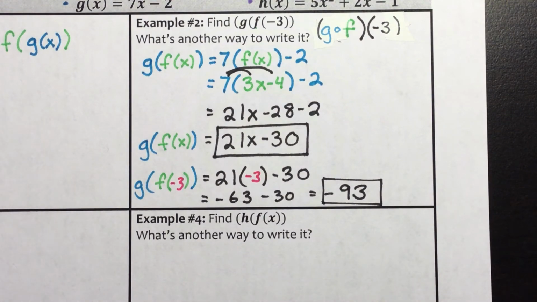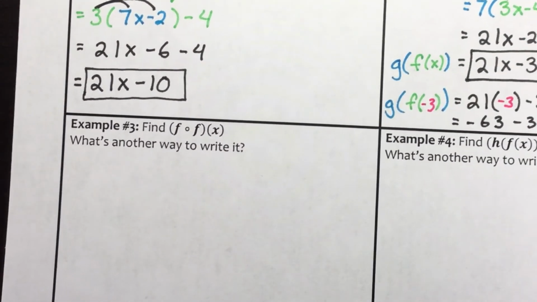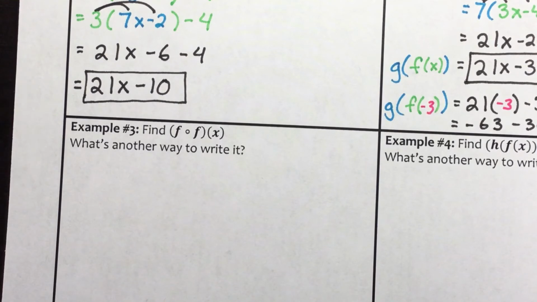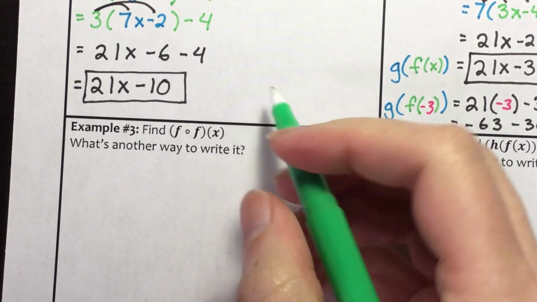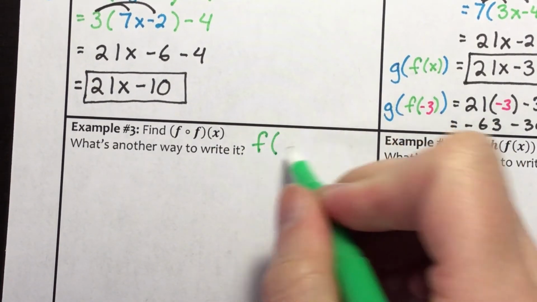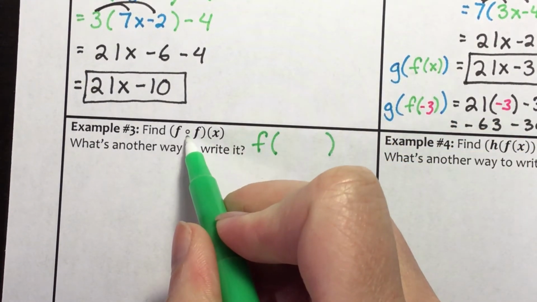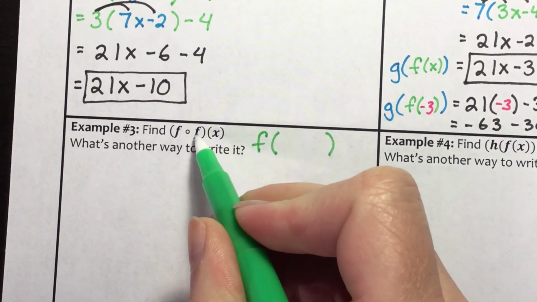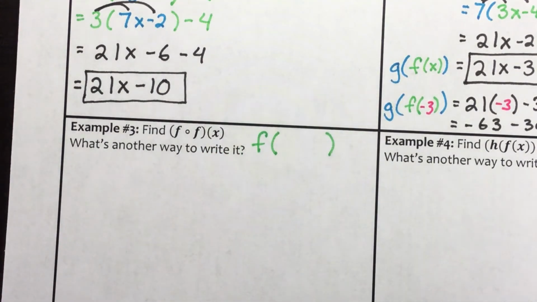All right. Number 3, we want f of f of x. Okay, so let's find a different way to write it. I'm still going to use 2 colors, even though this is f and f, just so we can see where everything is. Okay, so our first function is the letter f. This little O of symbol means that we are plugging the second function into it.